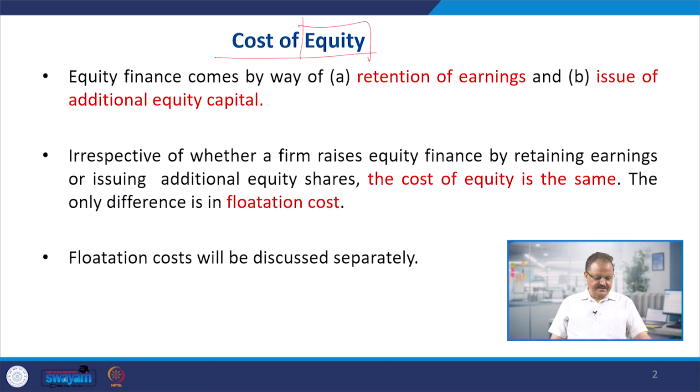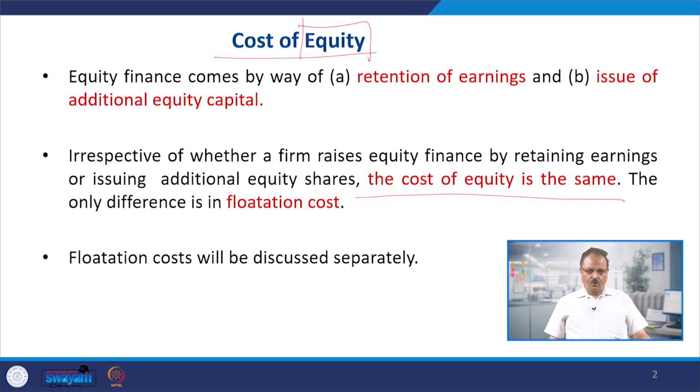Finally, we can understand that irrespective of whether a firm raises equity finance by retaining its earnings or issuing additional equity, the cost of equity is the same, right? Whether it comes from part of the profit, as an investment of the promoters, or through IPO or FPO, the cost of all kinds of equity, both retained earnings and the owners' or shareholders' investment, is the same.